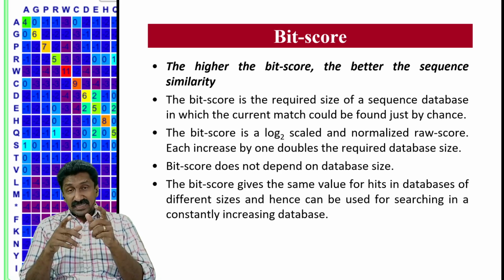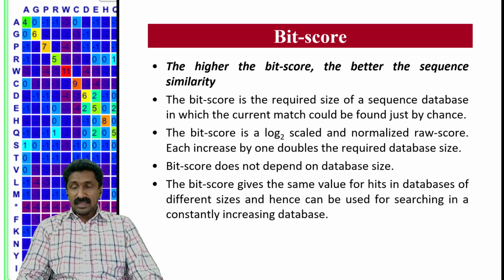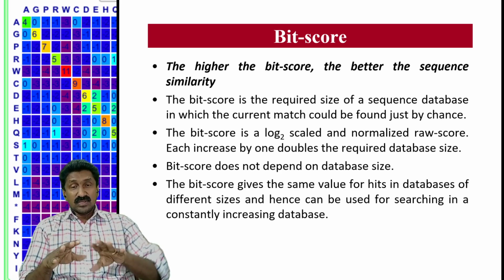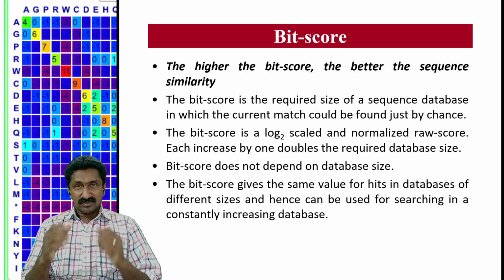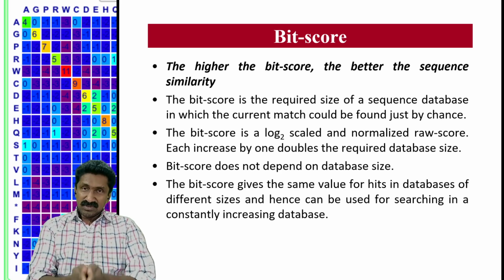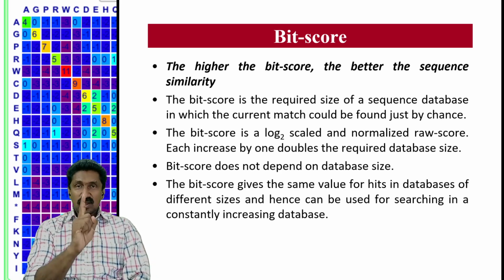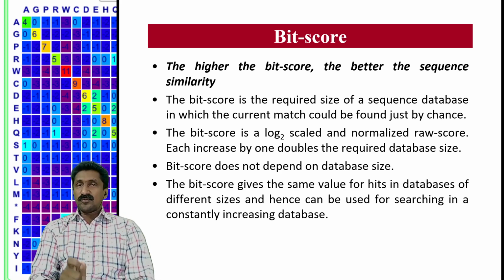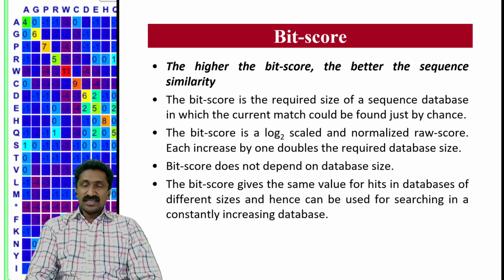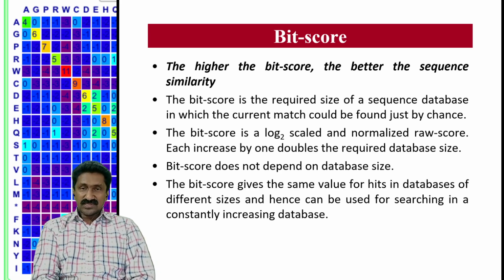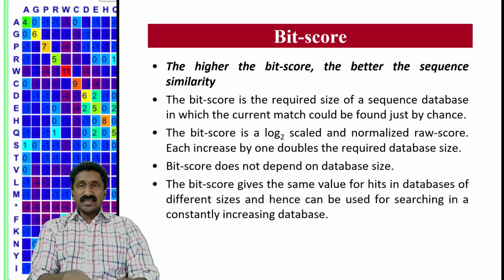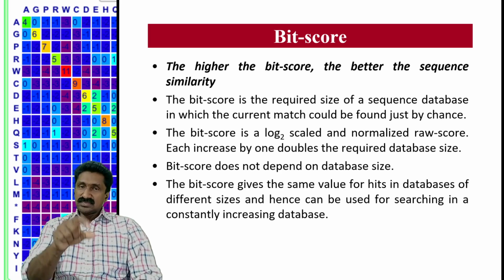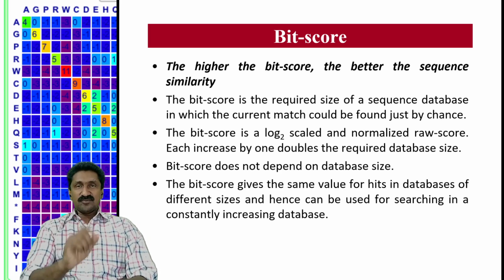So bit score is another consideration in which the growing size of the database is not relevant because you can find the same number. Actually, you are looking for just one chance encounter in the population size of the database that is required for finding one chance. As in the previous case, the entire population of India, that means 130 crores, is the size of the database that is required to find one chance.